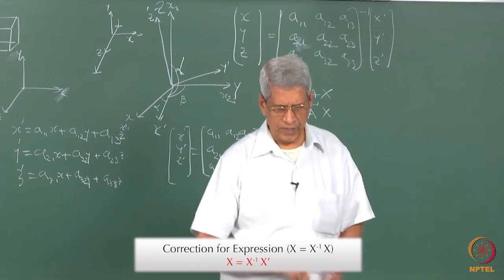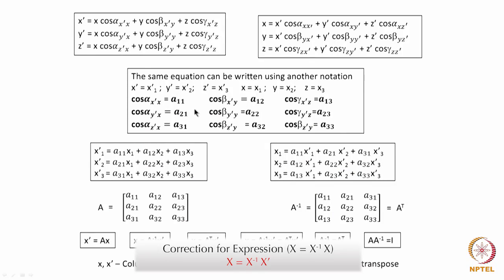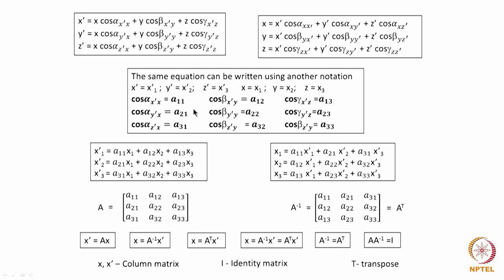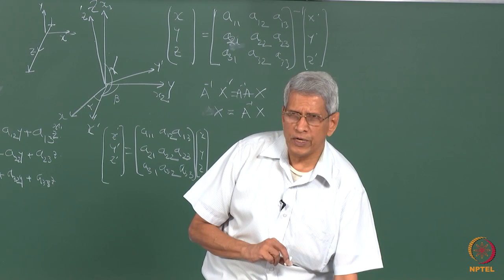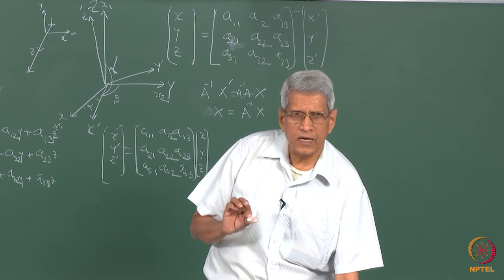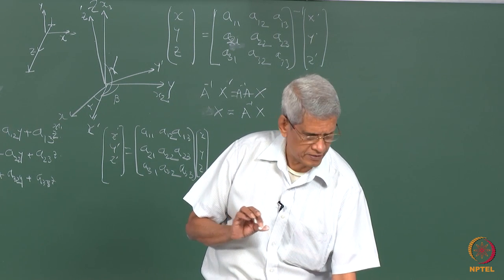That's what we have done. It's nothing but simple matrix algebra. Is this clear? So using these transformation matrices, we can go from the old coordinate system to the new coordinate system, or from the new coordinate system to the old one, which is essentially just a rotation of axes.